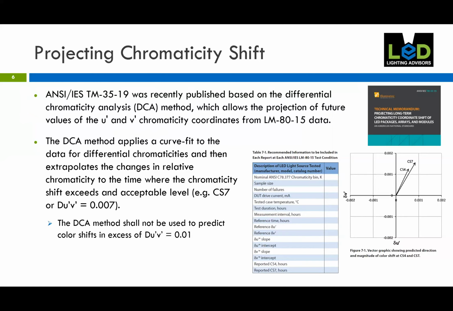For instance, when Δu'v' is 0.004, it's called CS4 in the report, and you can see that at the bottom of the table of the reported values. And then 0.007 would correspond to CS7. This TM-35 report also includes a vector plot with the projected CS4 and CS7 hours shown graphically, but also the direction of the chromaticity shift.